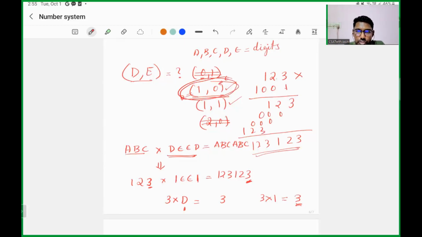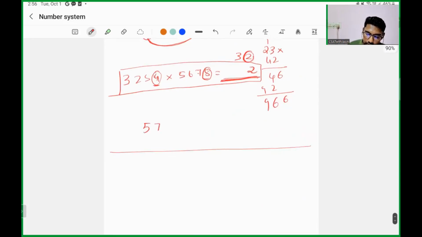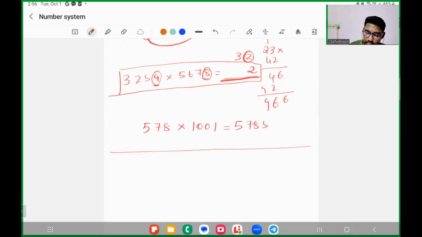Here I just wanted to show you that unit digit. UPSC uses this unit digit trick a lot of times, especially in multiplication questions. So just remember that, we'll be doing more questions. Also remember this thing: if you are multiplying 578, a 3-digit number, with 1001, you will get 578123. Sorry, you will get 578578.